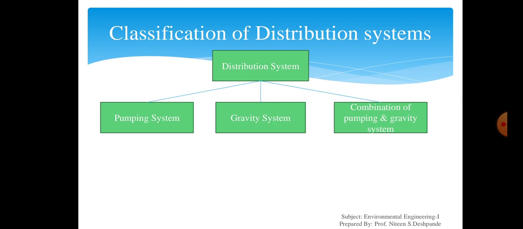Okay. So how is the water supplied? It may be supplied either by using pumping, or by gravity flow, or by a combination of these two. This totally depends on the topography of the town or the area to which the water is to be supplied.